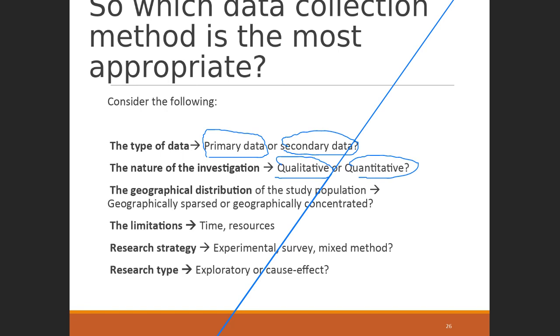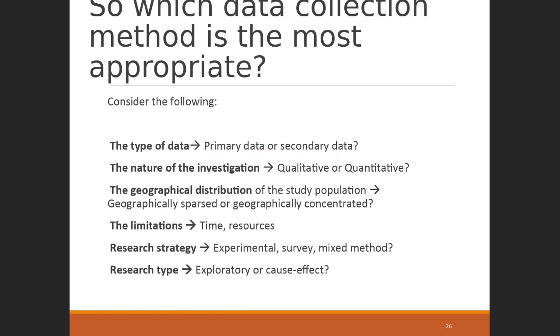The geographical distribution of your study population, whether it is geographically sparse or geographically concentrated, also plays a very important role. For instance, for a geographically concentrated population, you can use personally administered questionnaires. For a geographically sparse population, you can use electronic questionnaires. So it depends upon the geographical distribution of your population as well.